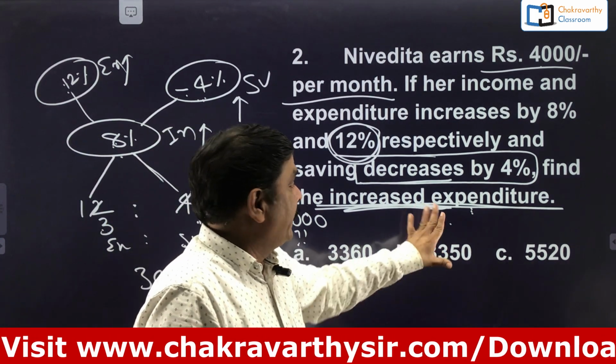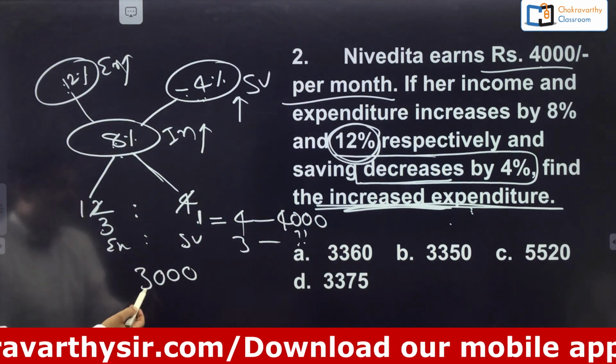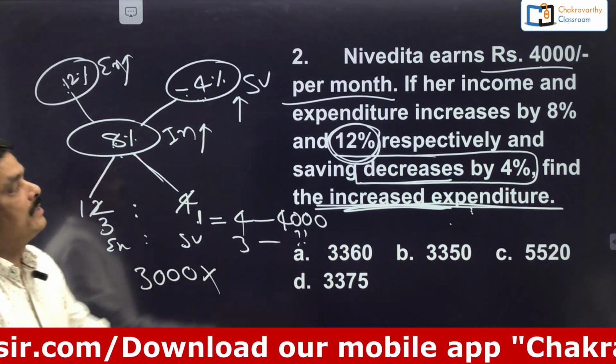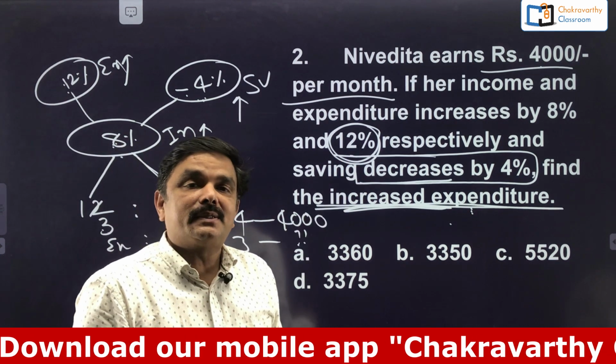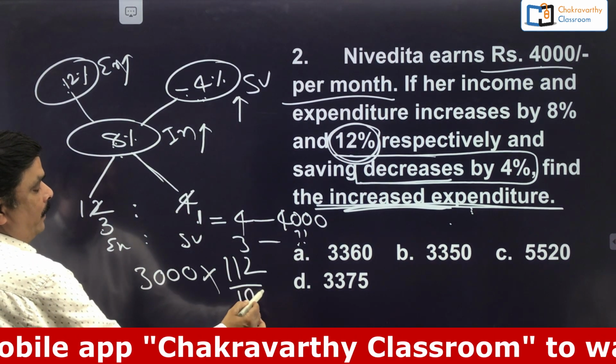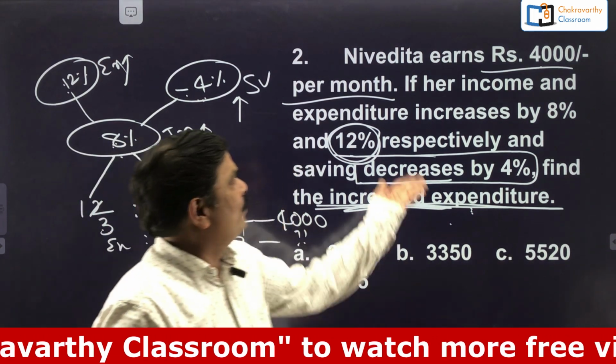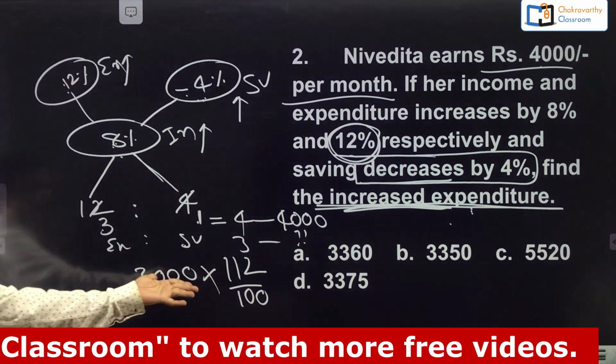Now I need the increased expenditure. So increased expenditure is nothing but 3,000 into 112 by 100, since it increased by 12%. I have given you 112 by 100 in the basic classes. Or directly you can use the fraction also, but this is easier.